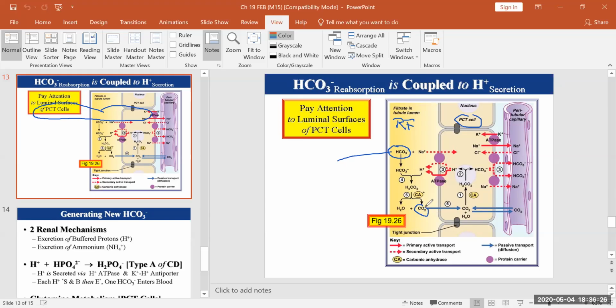It can go across the cell membrane. It is much more soluble than oxygen. So it can also cross the cell membrane here. And when it gets in, CO2 reconverts back to bicarbonate. And that bicarbonate will be reclaimed into this peritubular capillary. So you have this bicarbonate ultimately going in here.